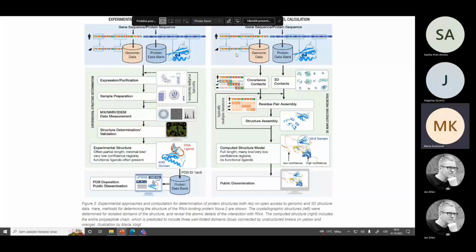The IT specialists focused on artificial intelligence, machine learning, deep learning can involve not only Protein Data Bank data, but also genomic data, which is the connection between proteins and genes. And they publish the predicted structures either in articles, but they are also available in databases. I will show you them later.